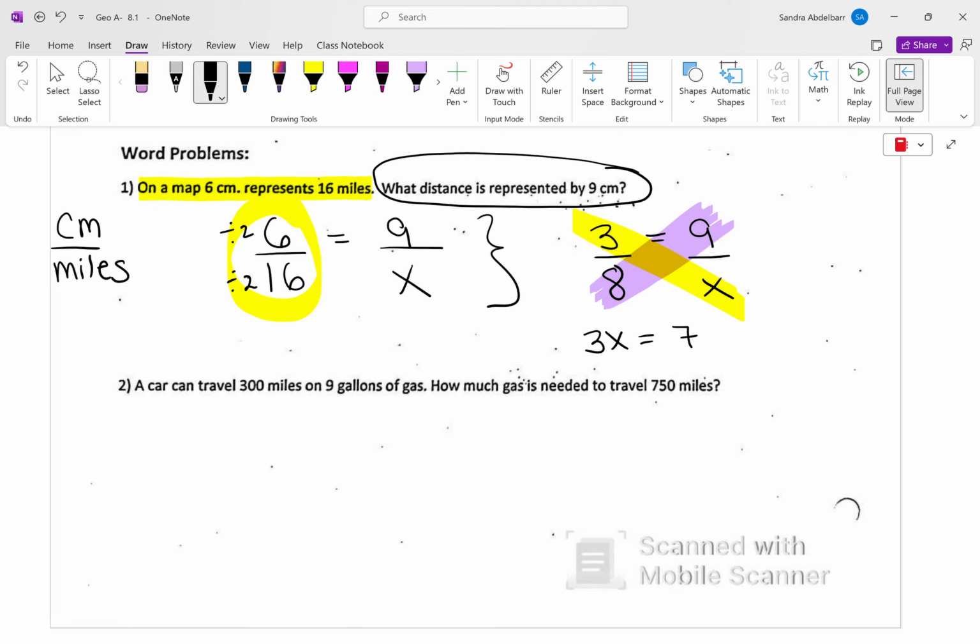And we are going to get 3x is equal to 72. I'm then going to divide by 3. And we get x is equal to 24. Yes, 24 miles. So 9 centimeters on the map represents 24 miles in real life. Or in this real life word problem.